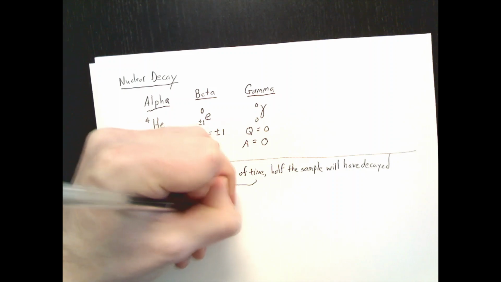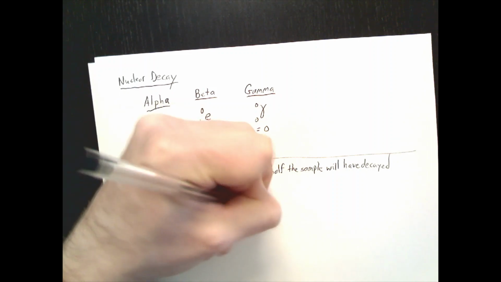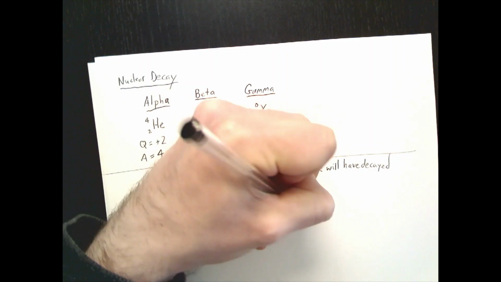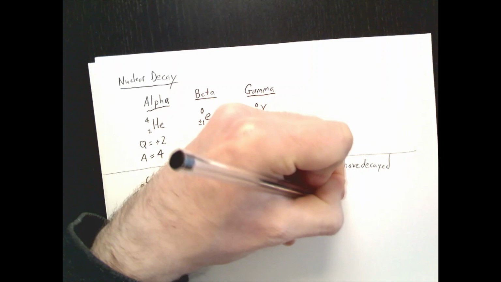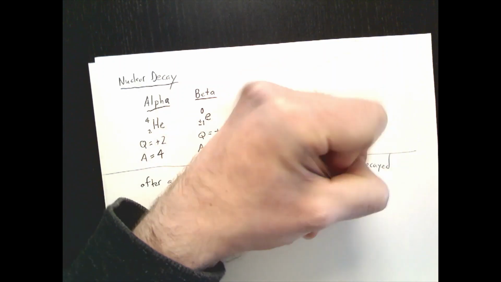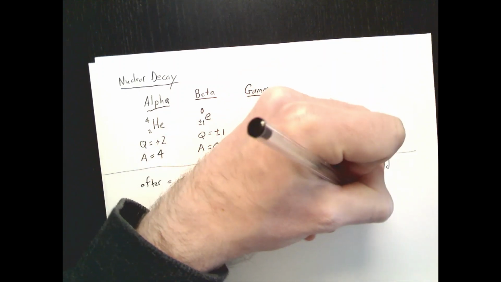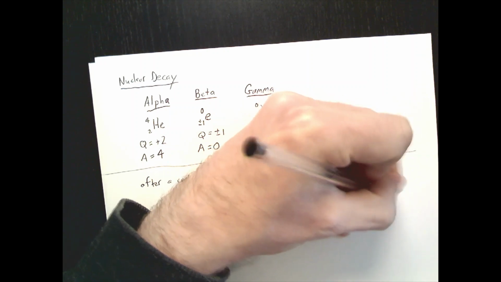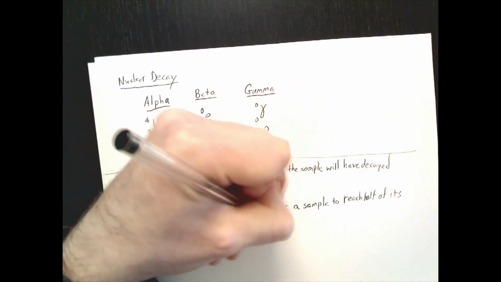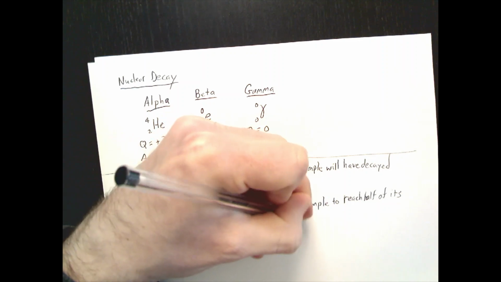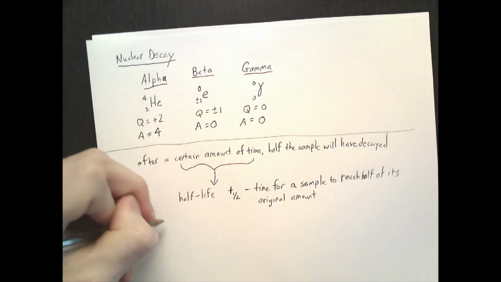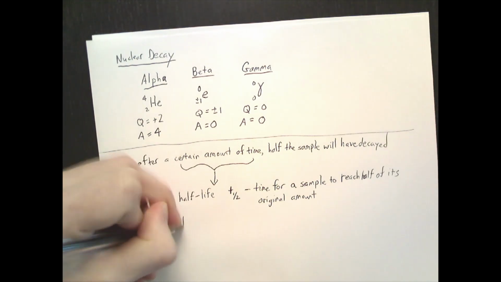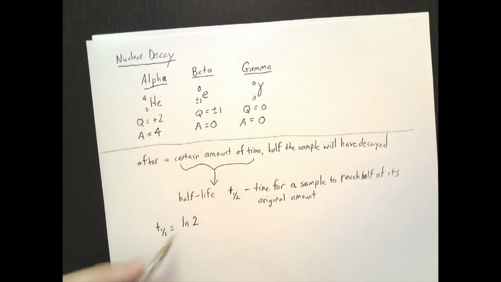We symbolize that by T with a subscript one half. It is the time for a sample to reach half its original amount. We're going to relate this half-life, T half, equal to the natural log of 2, and this is just because, essentially, it's decaying exponentially.